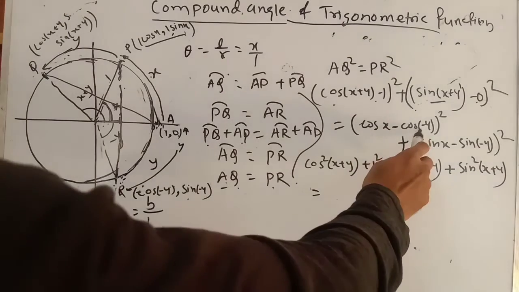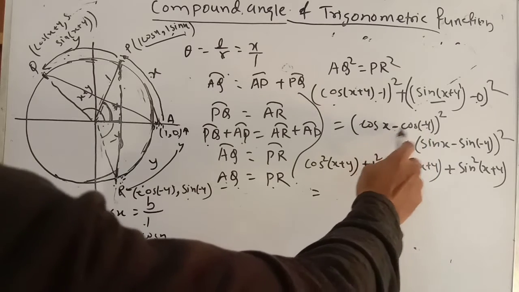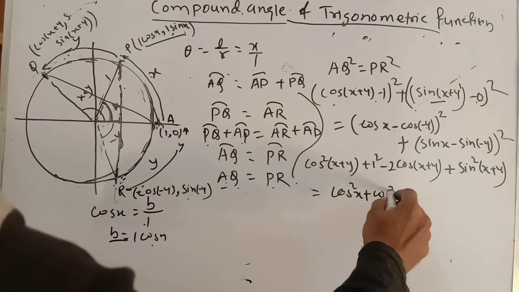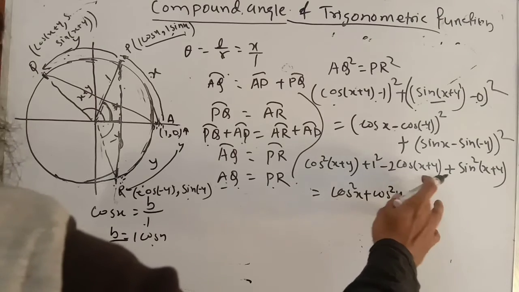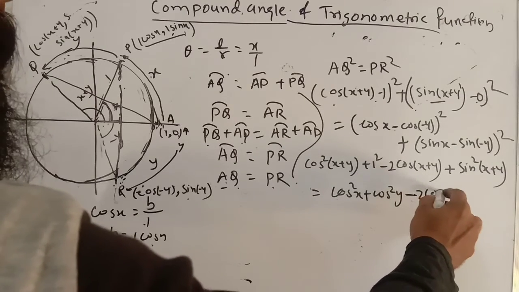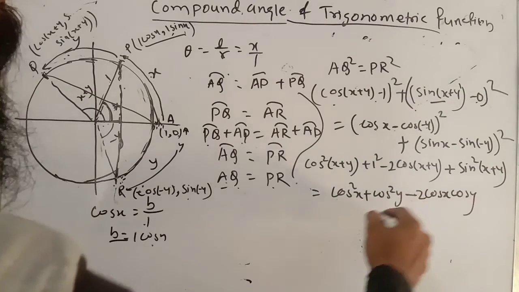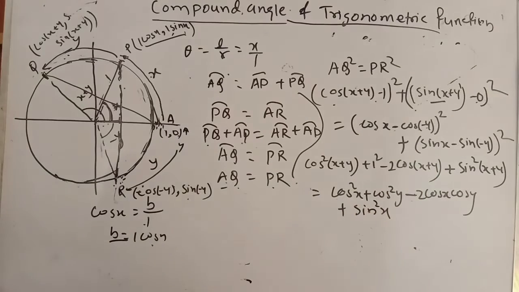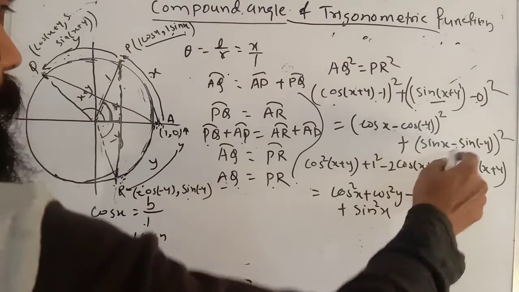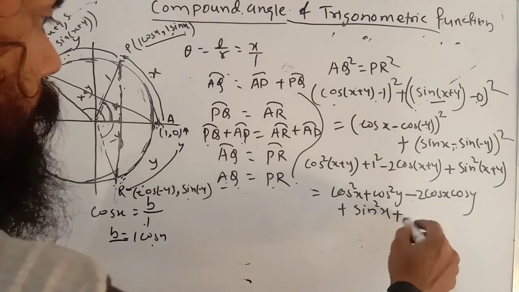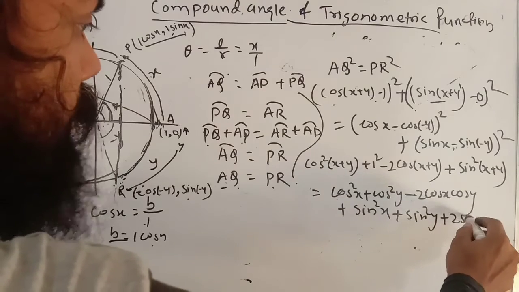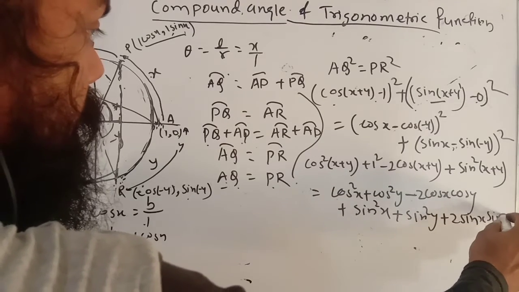We know that cos(minus theta) is cos theta, so simply (cos x minus cos y) whole square, which is cos square x plus cos square y minus 2 cos x cos y. Similarly sin square x, and sin(minus y) is minus sin y, so minus times minus becomes plus, giving sin square y plus 2 sin x sin y.